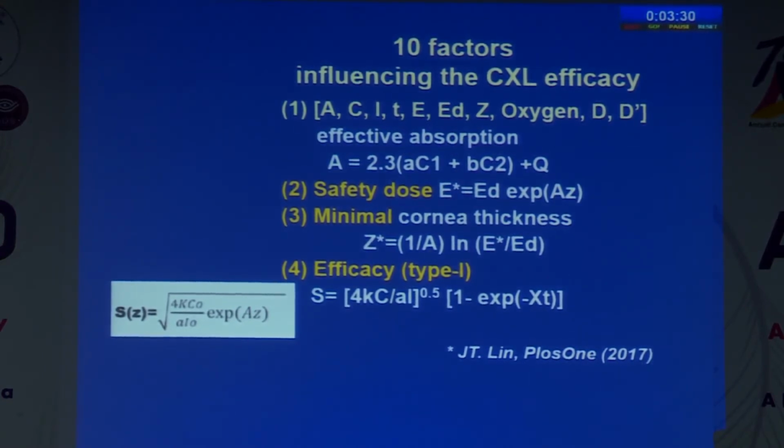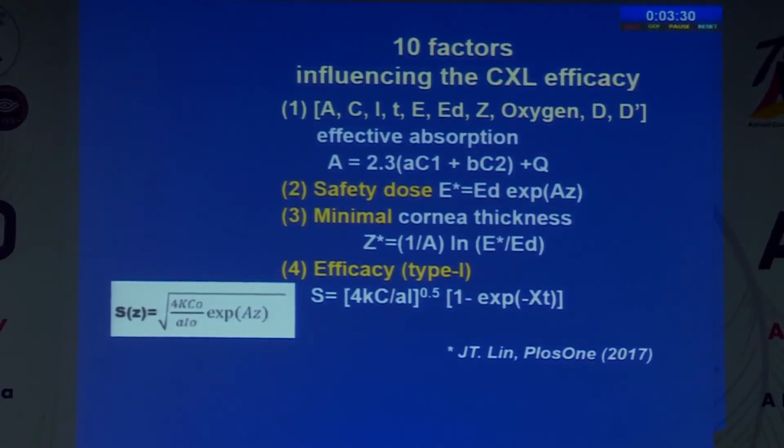That has been known for about 10, 15 years, and nobody challenged that. The minimum corneal thickness, as I presented in the first one, depends on the dose used and also the threshold damage. So it is not necessarily the 400 micron. It also depends on the concentration.